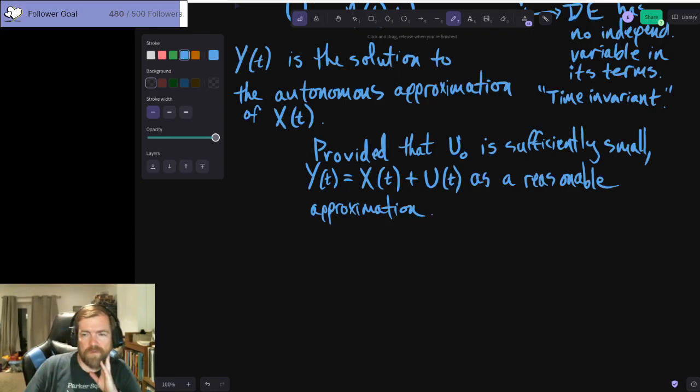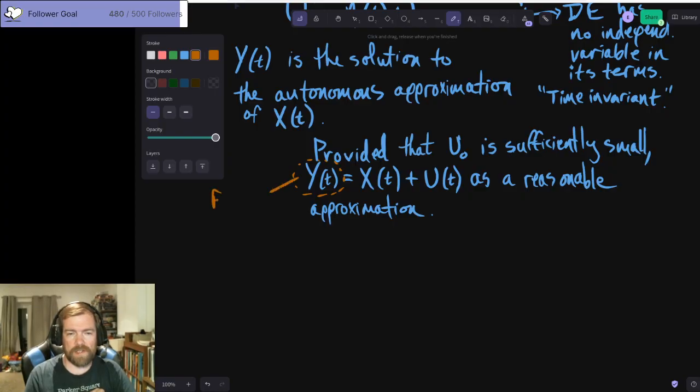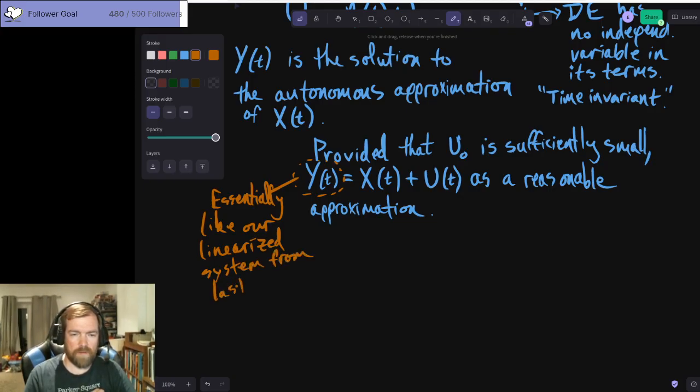So this goes fairly similarly to how we did things last class, where basically we're saying that y is essentially like our linearized system from last class.